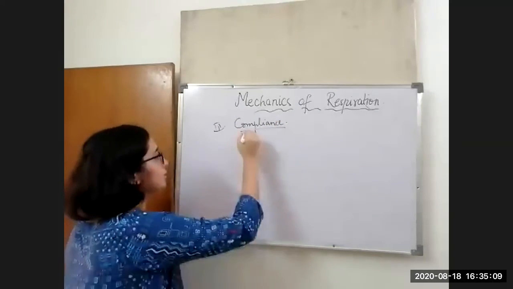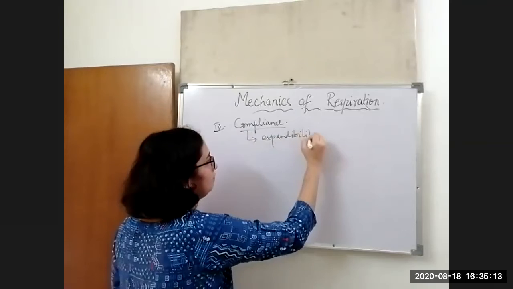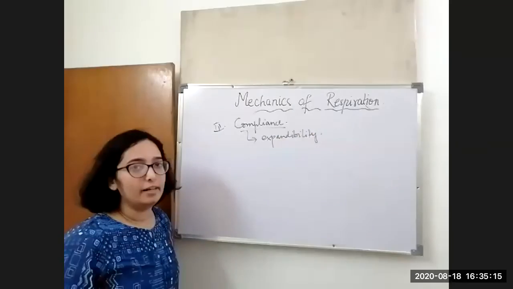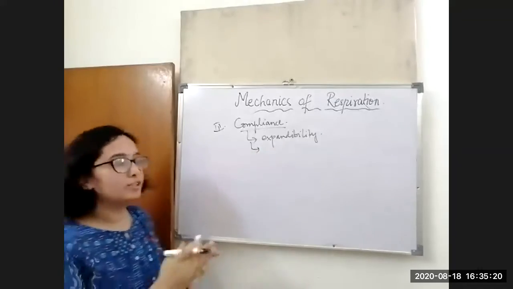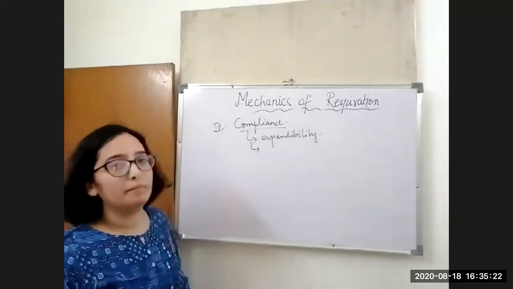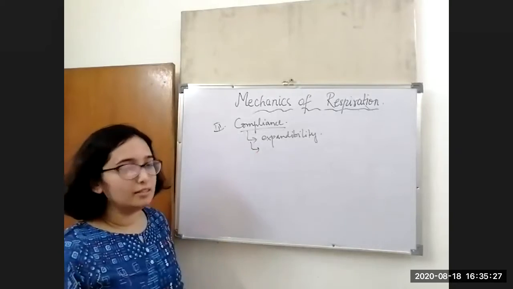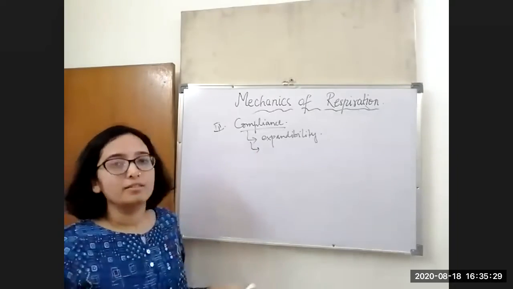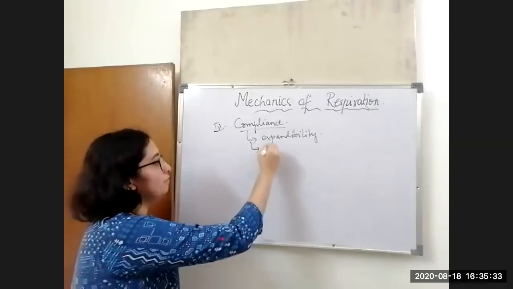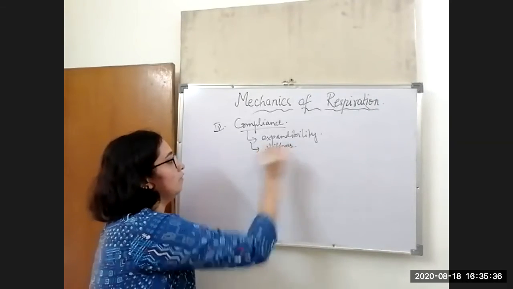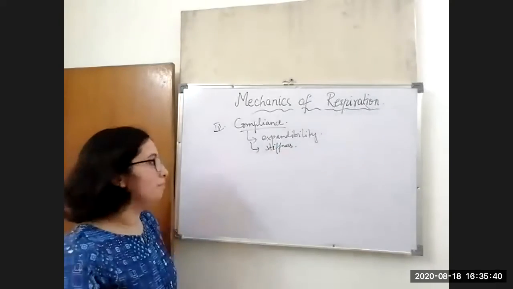Compliance is nothing but the expandability of the lungs and thorax, that is how much they are going to expand will be determined by the compliance of the lung. There are many conditions in which there is a decrease of the compliance, that is the lungs will not be able to expand properly. So it is also a measure of the stiffness of the lungs. How stiff the lungs are is measured by the compliance.